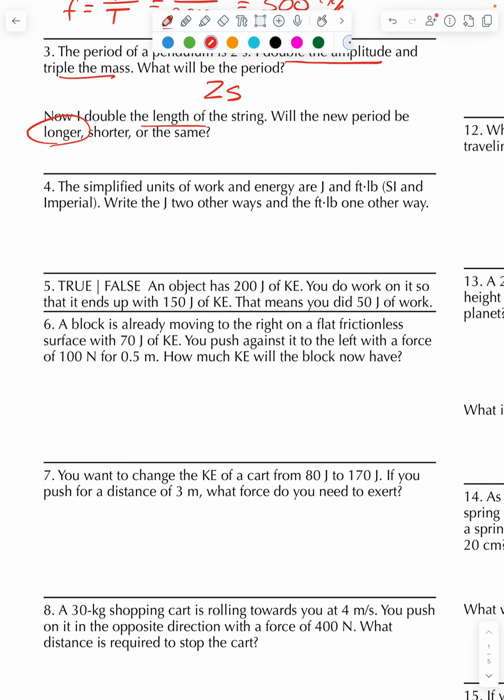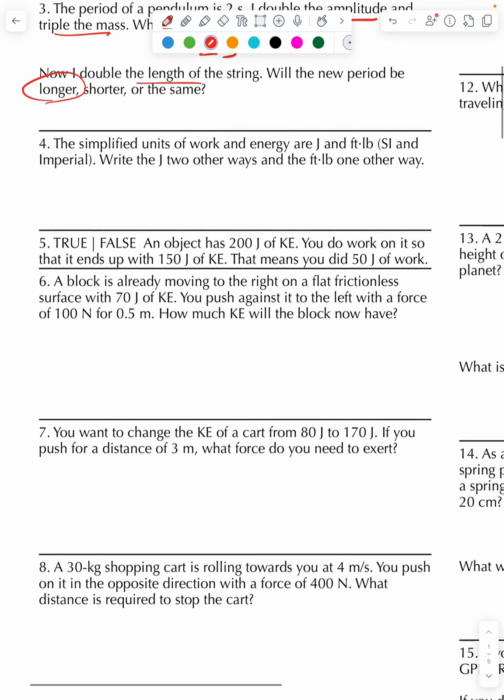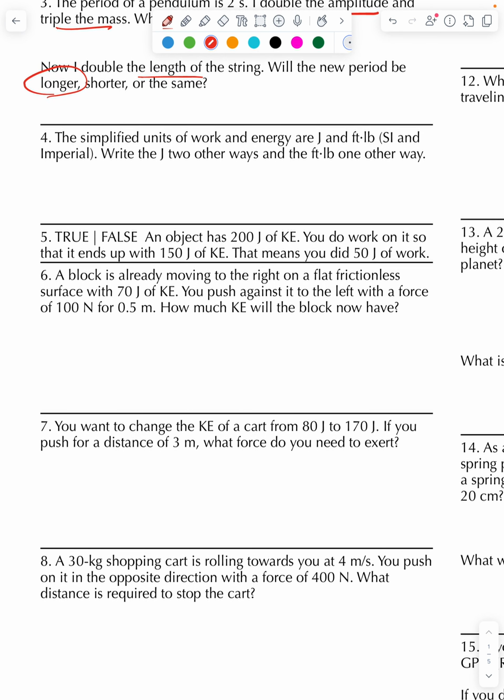The simplified units of work and energy are joules and foot-pounds. Those are the SI and imperial units. Write the joule 2 other ways and the foot-pound 1 other way. So a joule is equivalent to a newton times a meter, newton meter. But it's also more simply, because a newton is a kilogram meter per second squared, a joule is a kilogram times meter squared over a second squared.